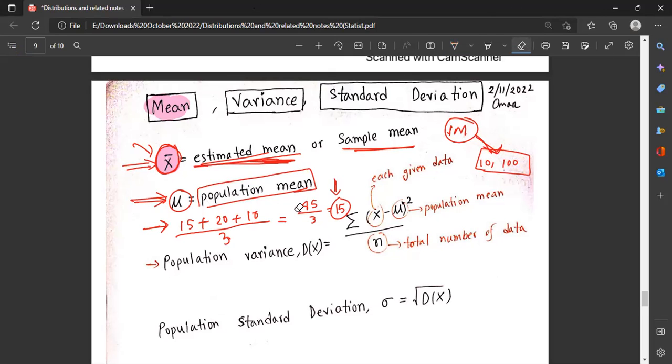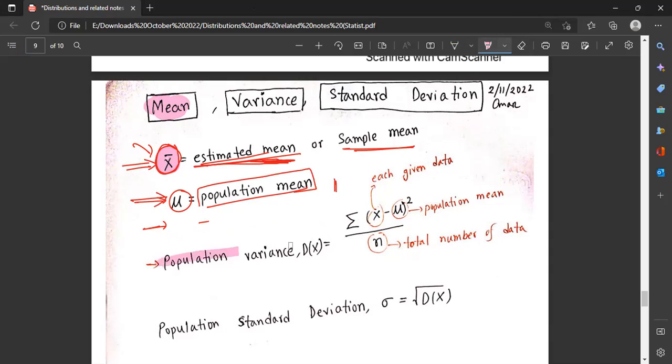And the formula to find the population variance, which we can also call variance: D of x is the summation of x minus mu, whole squared, divided by n.